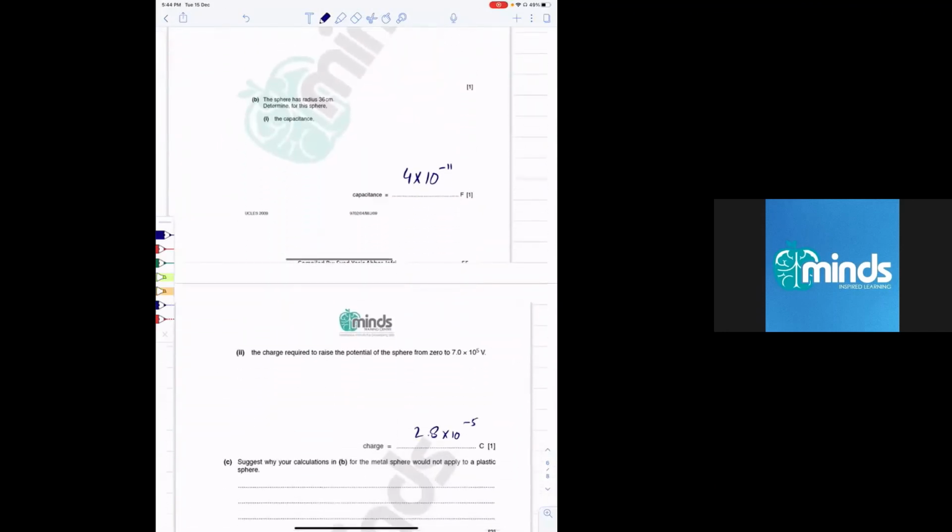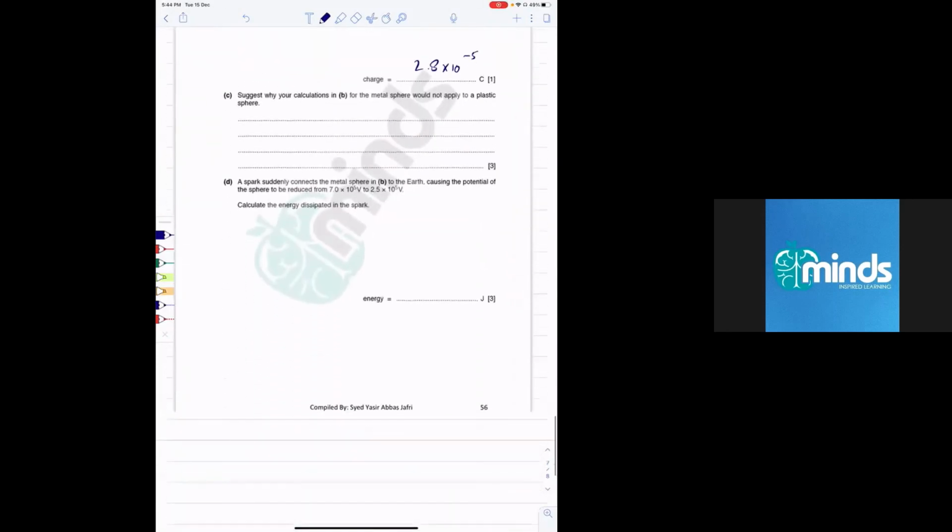I think I made the mistake. Okay, so are we getting 2.8 exponent minus 5 for charge? Yes, sir. And when they say calculate the energy dissipated, are we getting 8.6 joules? Yes, sir. Anas, Anya, are we getting the same?